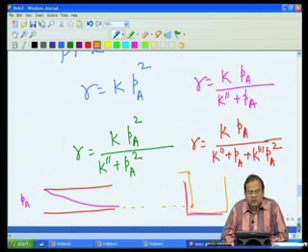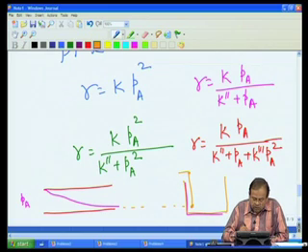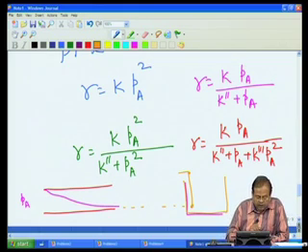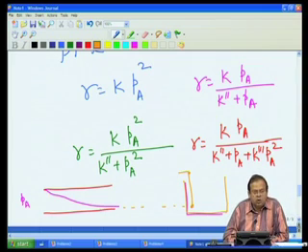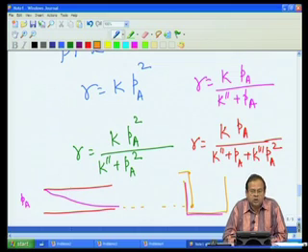So, in a CSTR, there is a sudden decrease in the concentration and reactions occur at this lower concentration. In a plug flow reactor, the decrease is gradual and therefore, the reactions occur at concentrations which are gradually decreasing.